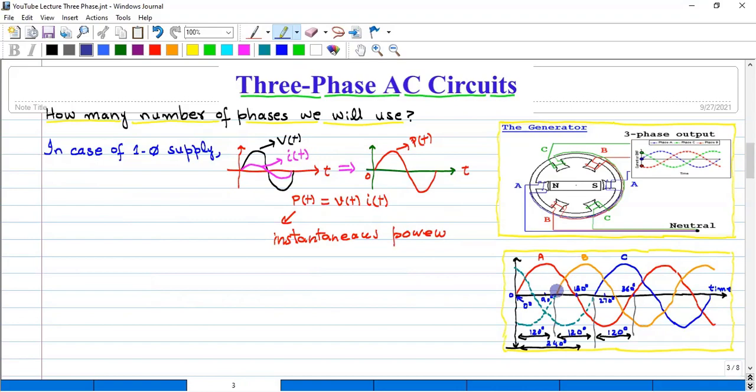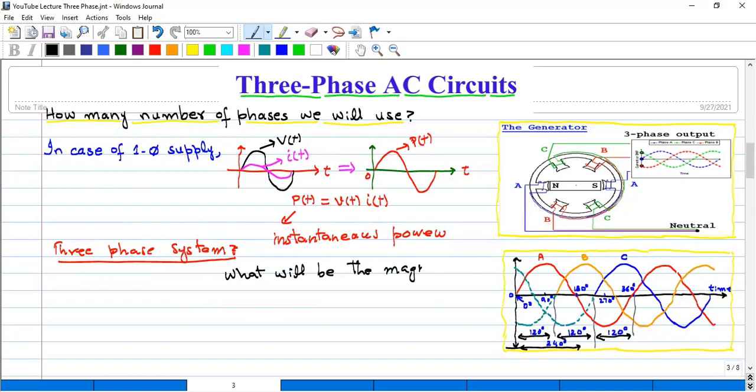The first one is, what will be the magnitude of voltages in each phase?